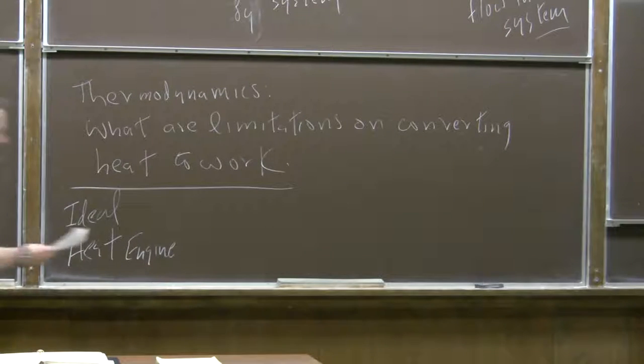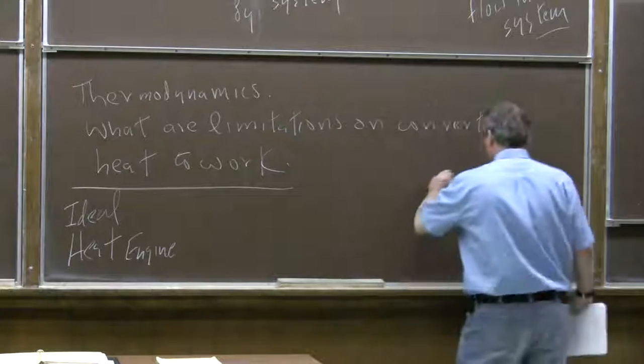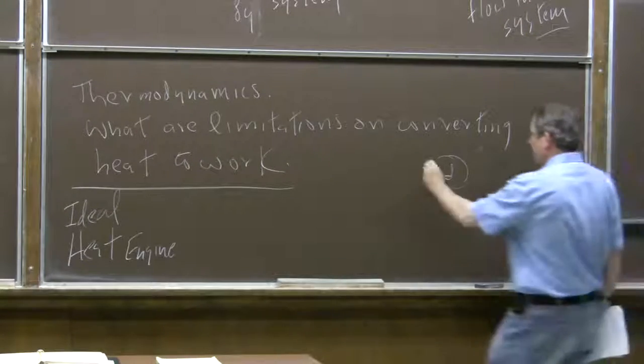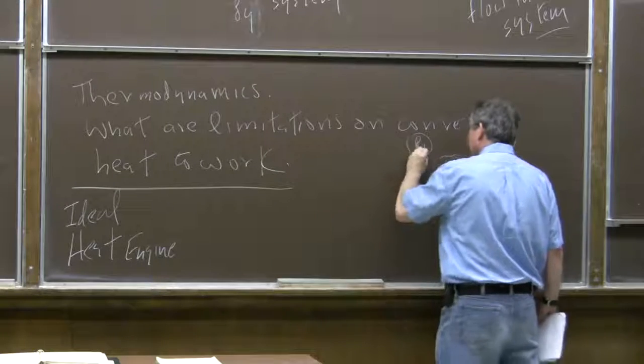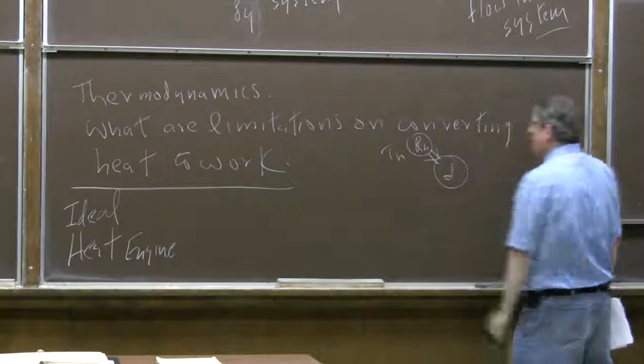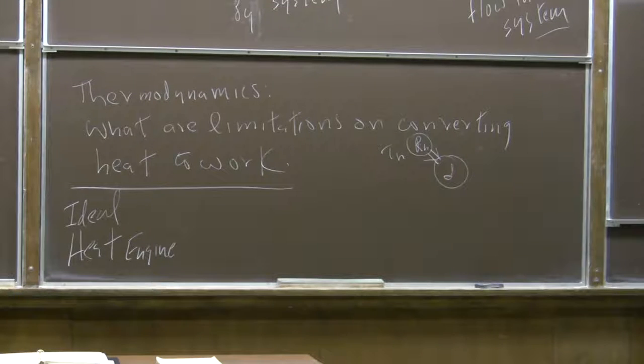So the picture, again, I'll draw it again, but slightly differently than before. We have a reservoir at a high temperature, tau H. A heat engine extracts heat from the hot reservoir.